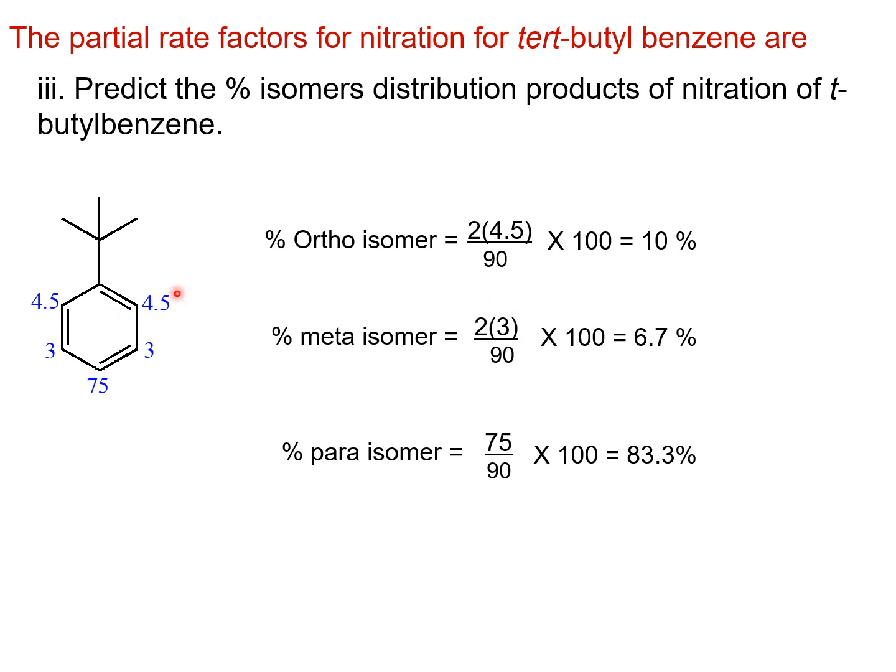As there are 2 equivalent positions for the ortho and meta position, you have to multiply by 2. And the answer comes: the percent ortho isomer is found to be 10, percent meta isomer is found to be 6.7, and percent para isomer is found to be 83.3%.